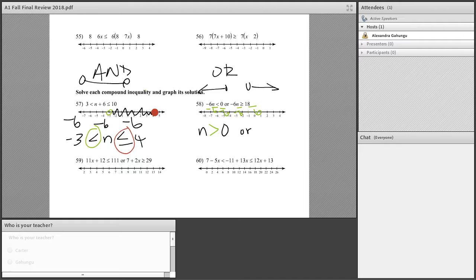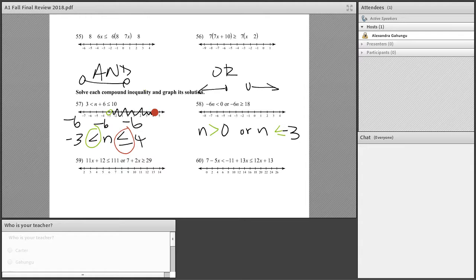So we'll get n, and then we'll also get -3, but we need to flip that inequality sign, so it's less than or equal to. So that means that when I graph it, I'm going to go to 0 and -3.